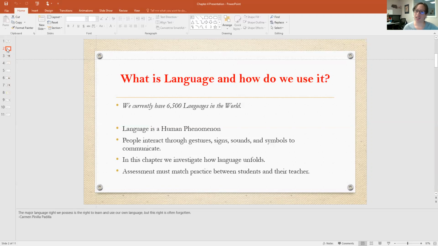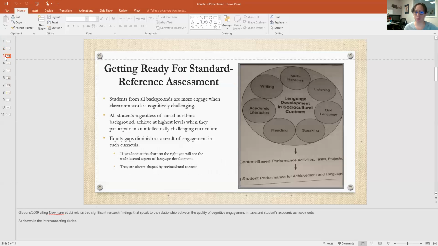I'm not sure if it was embarrassment or if I was just being shy. But now reading this, I feel that I should take pride that I'm a bilingual learner and that I'm able to speak English and Spanish.